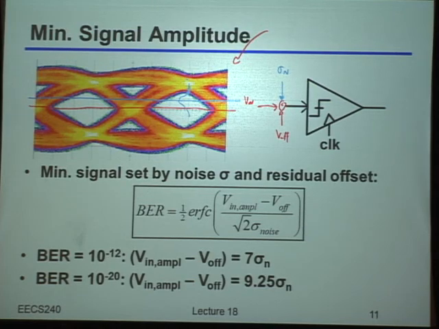That's really just a fancy way of saying that, as we talked about last time, if you want to know how often you're going to be making an error, in other words, what the bit error rate is, then you look at the difference between that minimum input signal and your threshold. That's just this V in amplitude minus V offset.